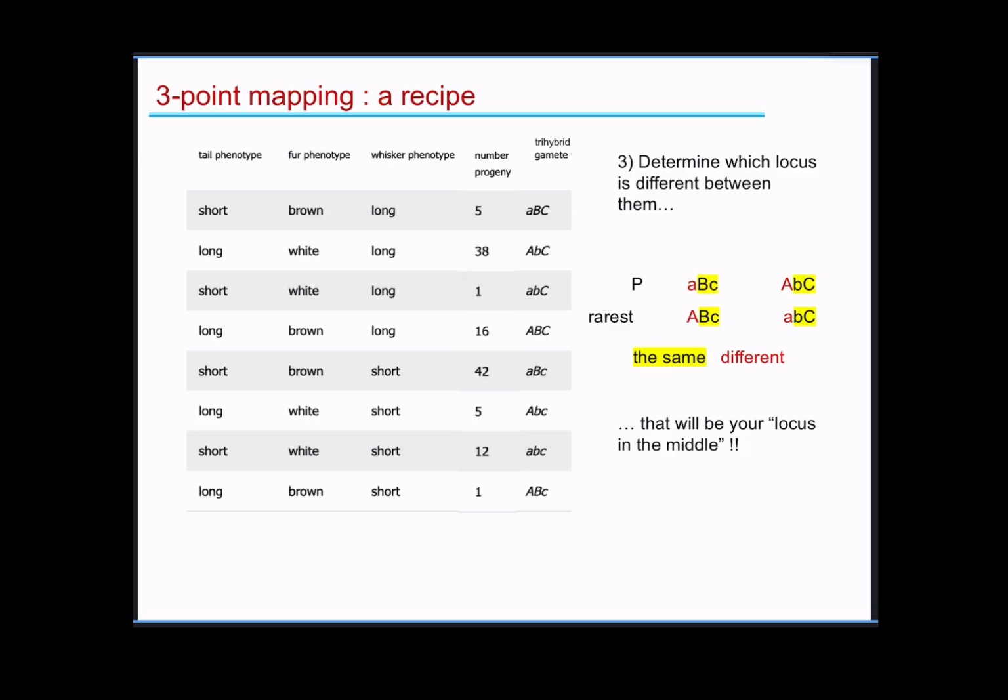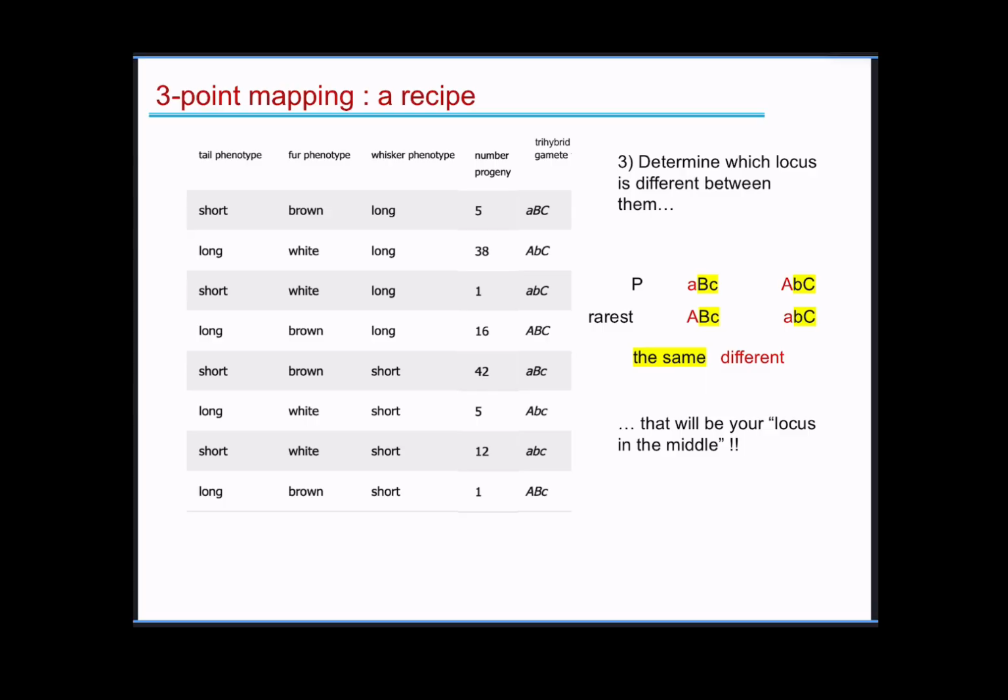And in this particular case, it was B and C, right? So in the parentals, you had dominant B with recessive C, and in the rarest, you have dominant B with recessive C. The other parental was recessive B with dominant C, and the other rarest was recessive B with dominant C. So they're the same. And then there's a third locus, in this case A, that will be different. And that is your locus in the middle.